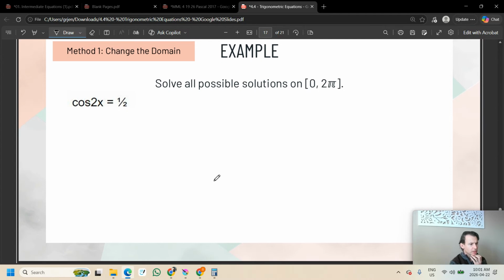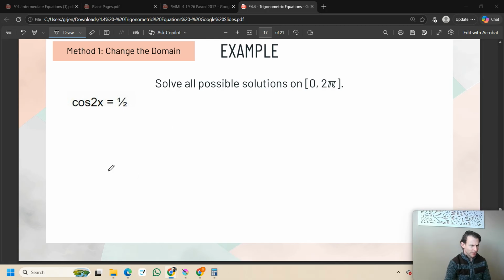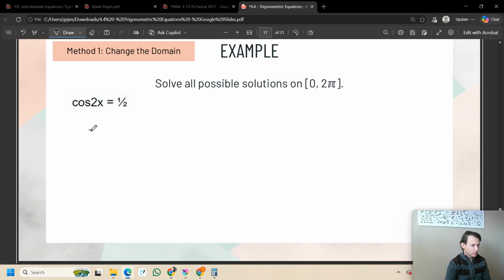So cosine 2x is equal to 1/2. In this case, I would do it very algebraically like this, and this is what I'd encourage you to do. So 2x is equal to cos inverse of 1/2. Cos inverse of 1/2, well, cosine is positive over there and over there, and 1/2 happens when this is 2 and this here is 1.